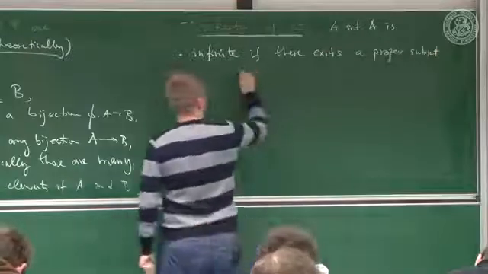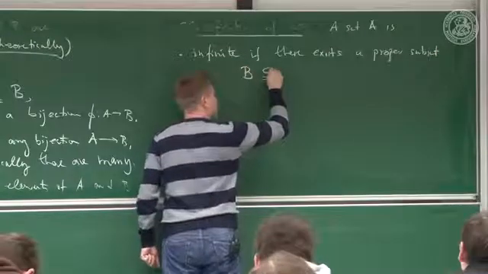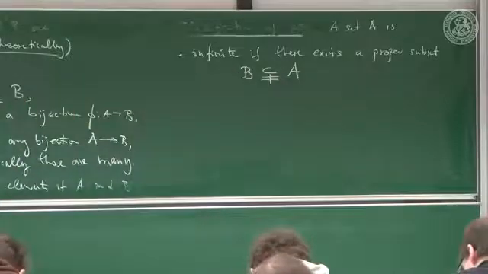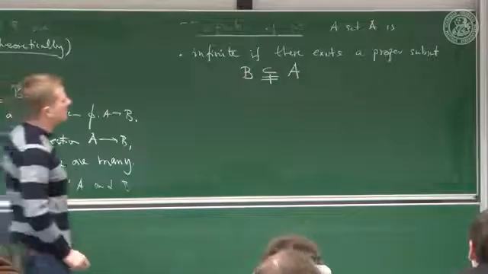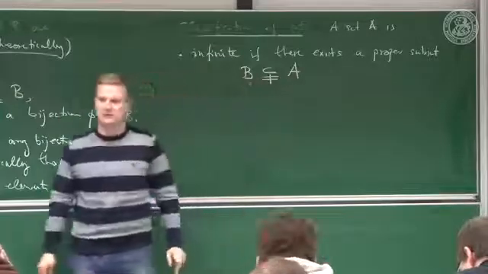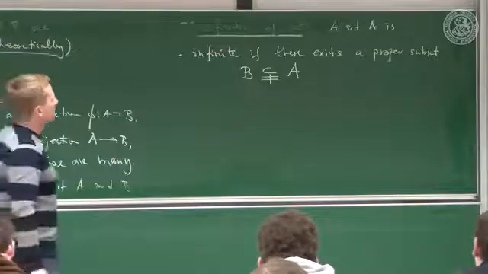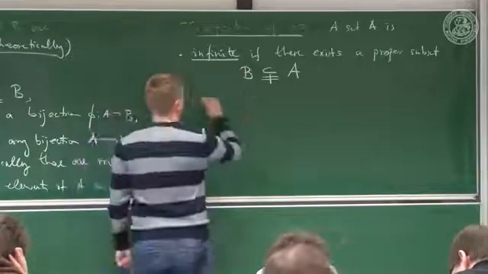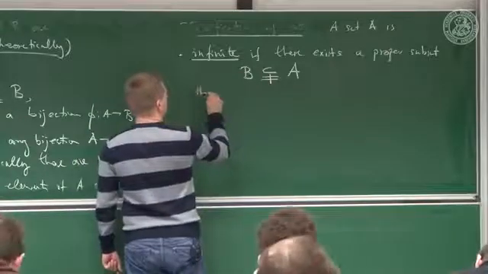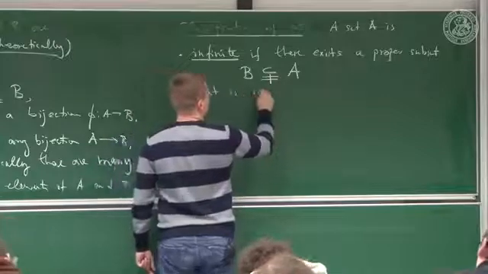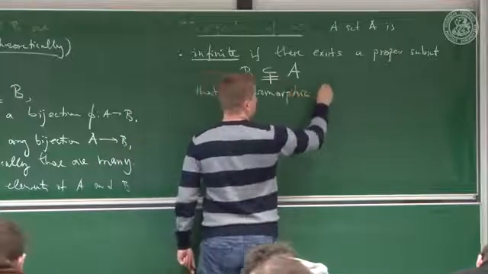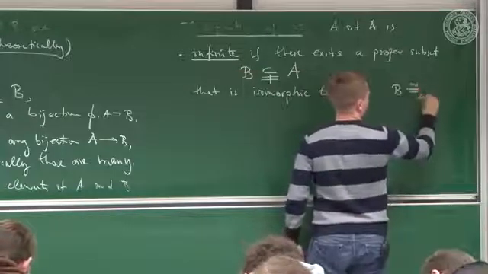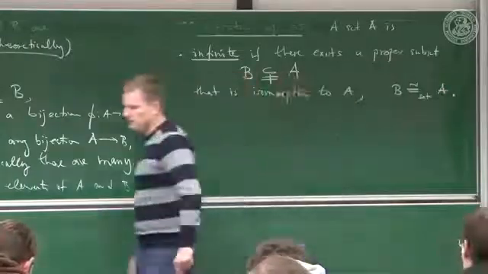What's a proper subset? It's a subset, but by force it's not equal to the set. So the set A contains an element that the subset B does not contain. It's infinite if there exists a proper subset, well, that's not it yet, there exists a proper subset B that is set theoretically isomorphic to A.